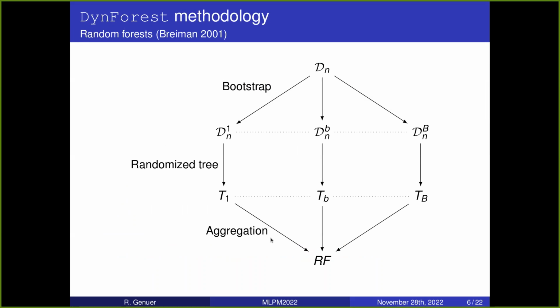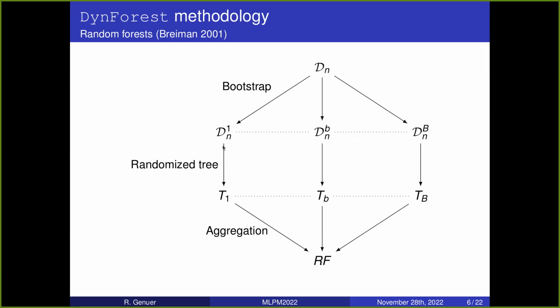So just to give a quick overview about random forest, or at least the main principle behind the method. The idea of the random forest methodology, which was introduced by Leo Breiman in 2001, is the following. You start with your data set, here denoted Dn. You have a first step of bootstrap. So you resample your data by drawing different bootstrap samples.